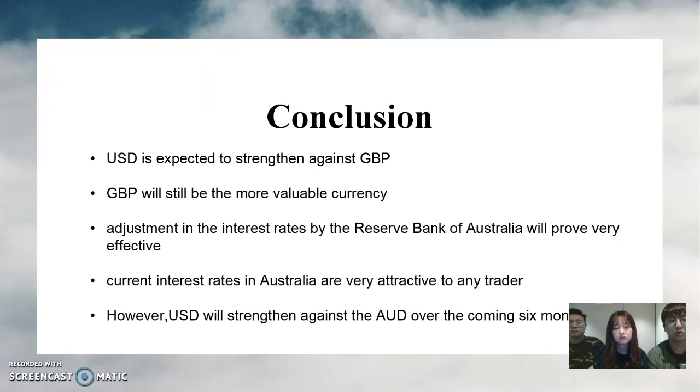Currently, the economic growth rate in the United States is much higher than the economic growth rate in Australia. However, I believe that the interest rate adjustment by the Reserve Bank of Australia will prove more effective, as the forecast future interest rate in Australia will attract more traders.